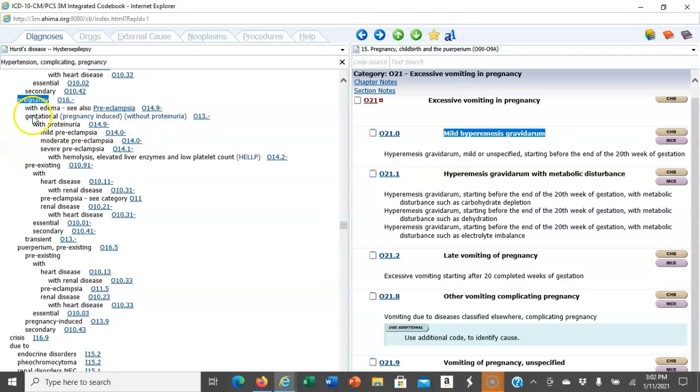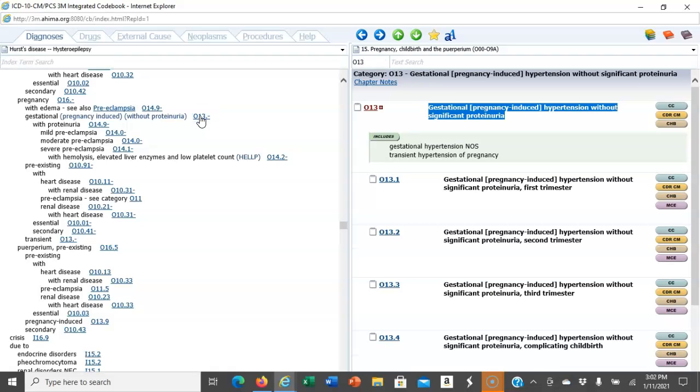And it is gestational. She did not have this hypertension before she was pregnant. She does not have proteinuria or any other documentation associated with a problem. So we are going to go to category O13. And she is 13 weeks. She's in her first trimester, so we're at O13.1.